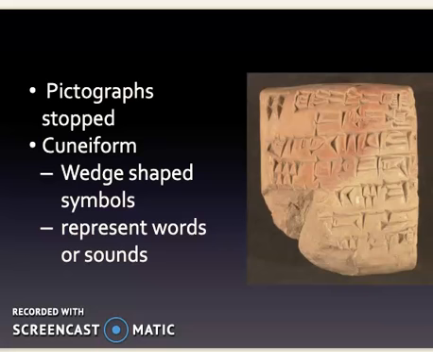This wedge-shaped symbol is called cuneiform. That's this word right here, C-U-N-E-I-F-O-R-M, cuneiform. Cuneiform is what we consider to be the first real written language, because these wedge-shaped symbols represented either words or sounds.